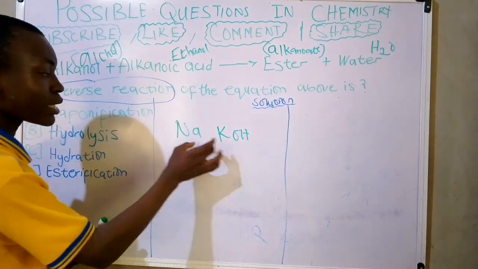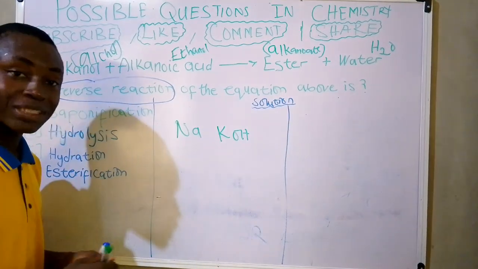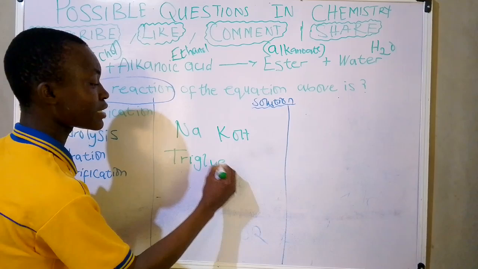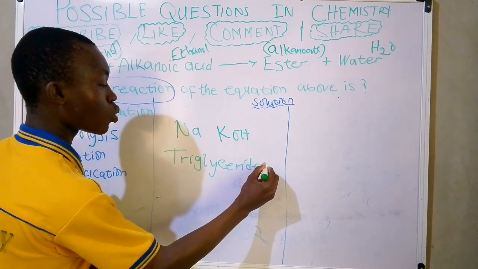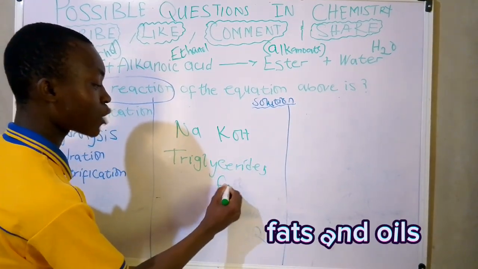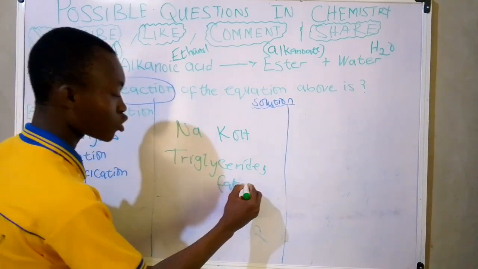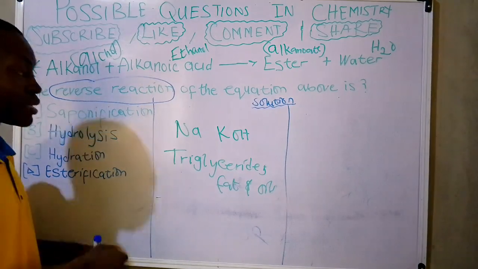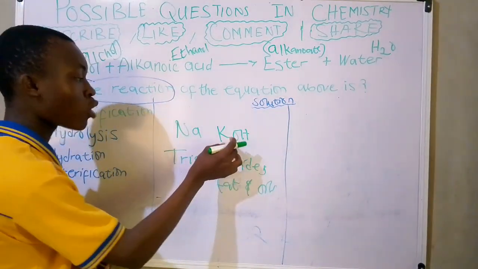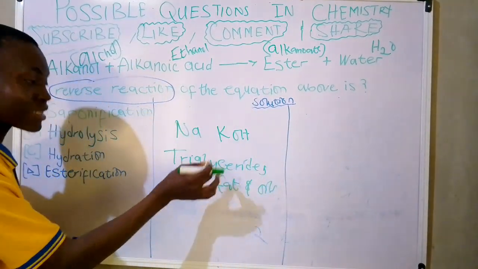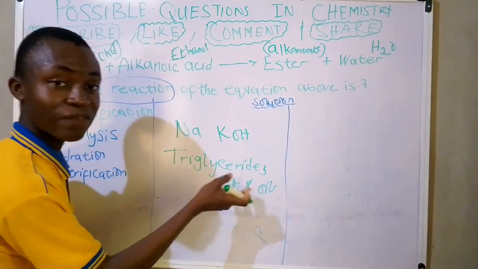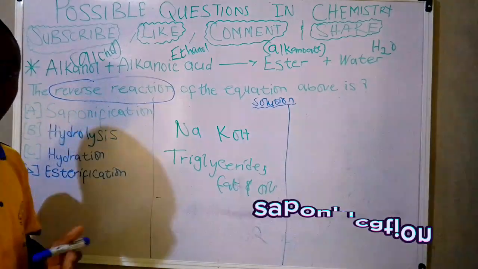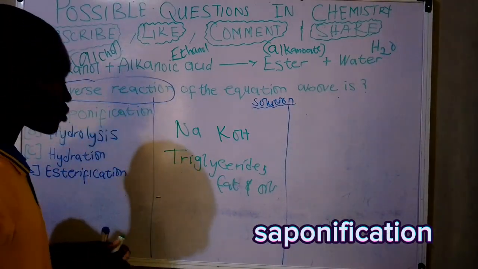The reaction between sodium hydroxide or potassium hydroxide plus a triglyceride, which is a fat or oil, to give glycerol, is known as saponification. That should be noted.